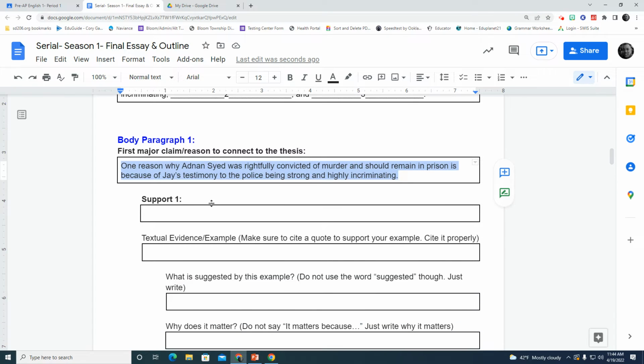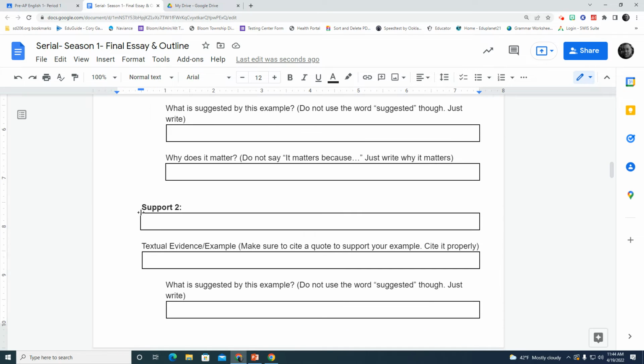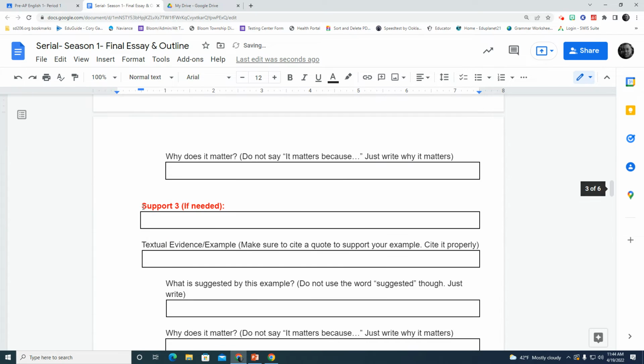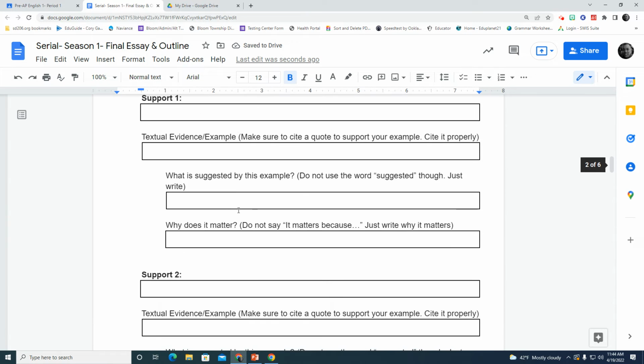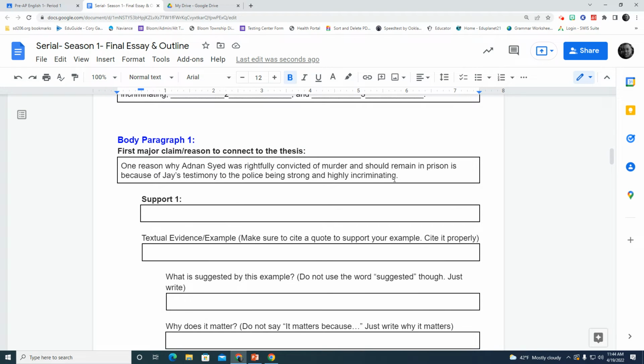Right? So now what do I have to do? Well, I have to prove this statement in this paragraph by giving some different examples of support. At least two, if not three, strong examples of support are needed to back up my reason. So one thing I'm arguing is that Jay's testimony to the police was strong and highly incriminating. So I've got to give an example.